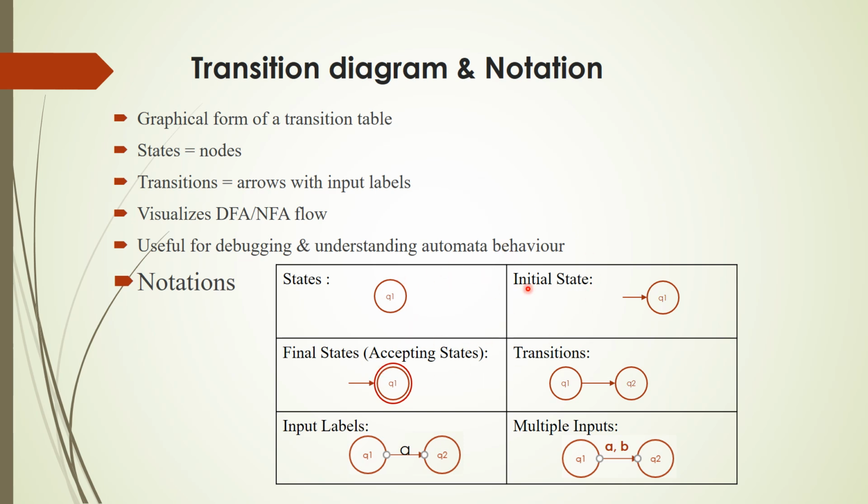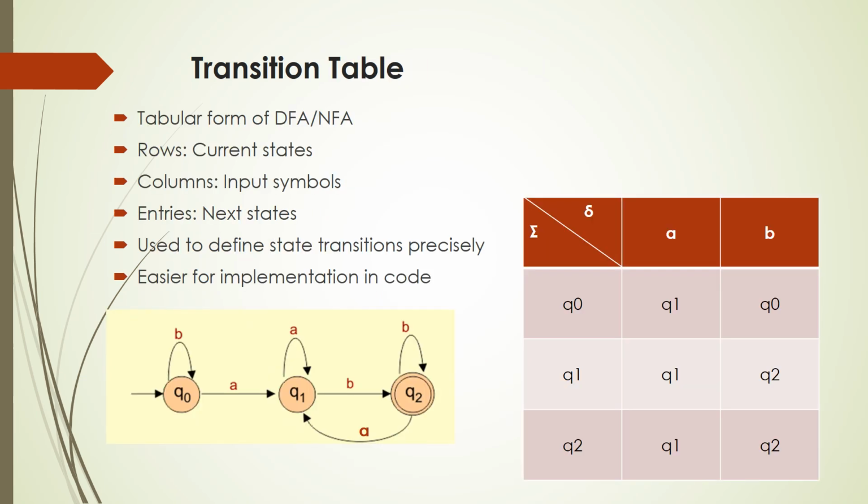Let's move forward with the transition table. The transition table is nothing but your rule book. It maps out how each state responds to the input. In a transition table, rows are denoted for the current state and columns usually describe the input symbols. This diagram is showing a transition diagram. For this transition diagram, the transition table looks like this.